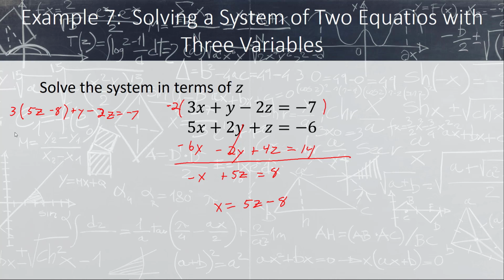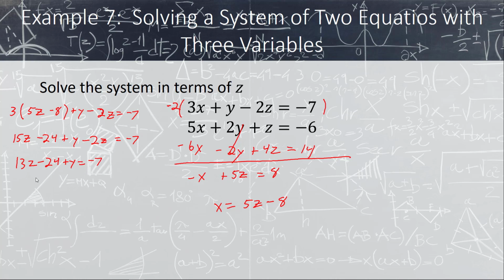That will give me 15z minus 24 plus y minus 2z is equal to -7. Notice I have like terms 15 and -2, so that's going to give me 13z minus 24 plus y is equal to -7.